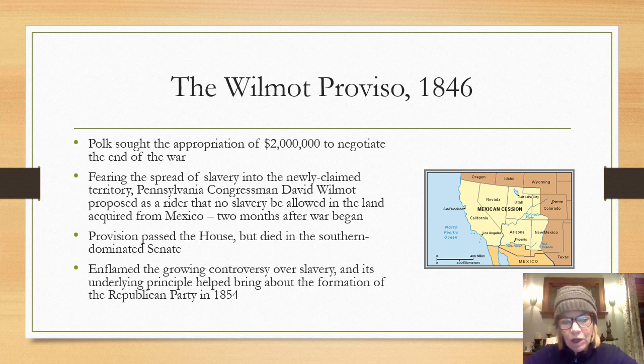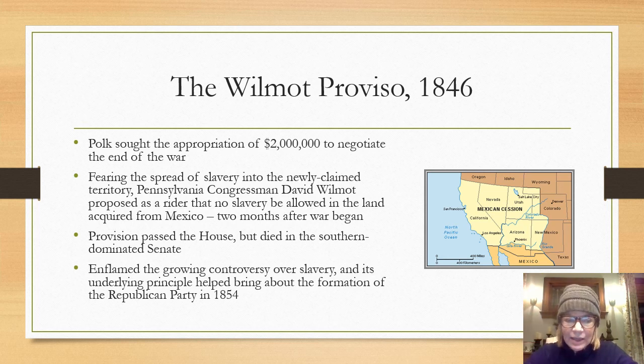So David Wilmot, who is from Pennsylvania, he attaches a rider. That's something that's kind of attached to a bill that really doesn't pertain to it, where we'll give you $2 million. However, you need to sign off on there not being any slavery in the lands acquired from Mexico, right? It doesn't seem like that big of a deal.